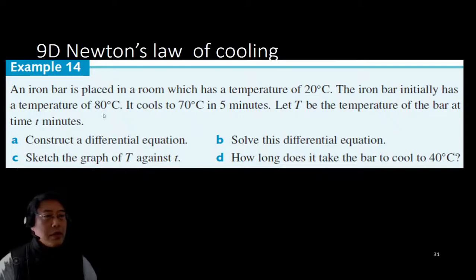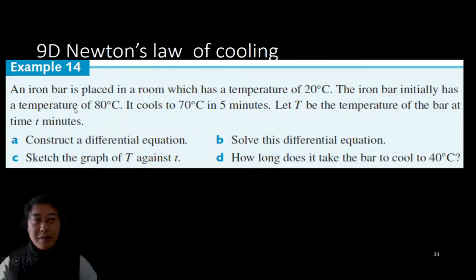Alright, so you have a situation here. The room has a temperature of 20 degrees, so that's Ts equals 20. The iron bar initially has a temperature of 80 degrees, so that's capital T when lowercase t equals 0.